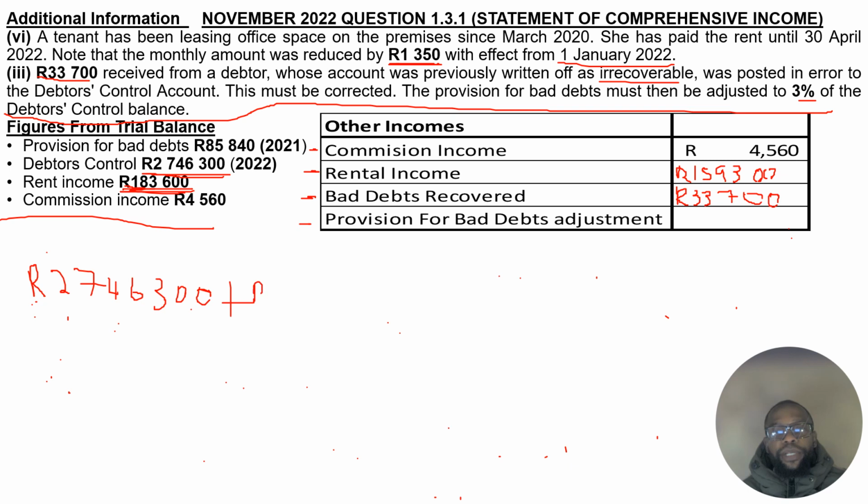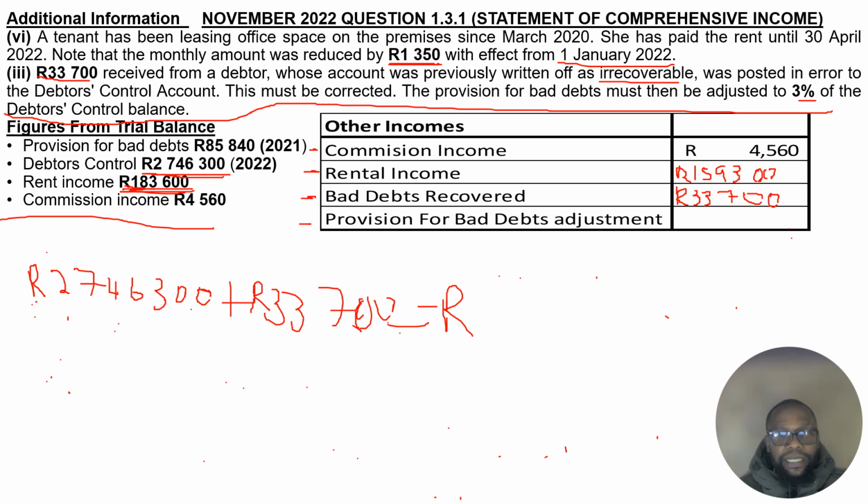Let's add that amount that was deducted by our bookkeeper, 33,700, and see how much we have for debtors, so that we can calculate the 3% and compare with the previous provision for bad debts, and then decide whether it's an income or an expense. I've already proven it's an income, but I'm going to tell you how to check if it's an income or an expense.